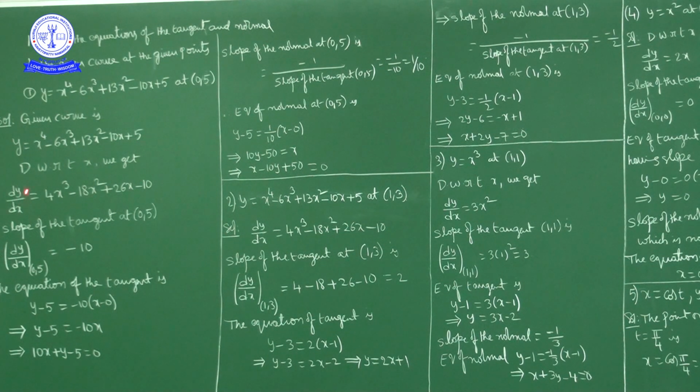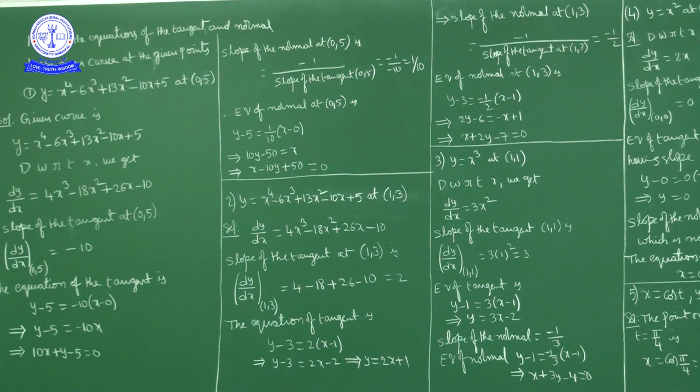What we get? dy/dx is equal to, x^4 derivative 4x^3, minus 6 into x^3 derivative 3x^2, so minus 6 into 3, minus 18x^2, plus 13 into x^2 derivative 2x, 13 into 2, 26x, minus 10 into x derivative 1, so minus 10. So dy/dx is 4x^3 minus 18x^2 plus 26x minus 10.